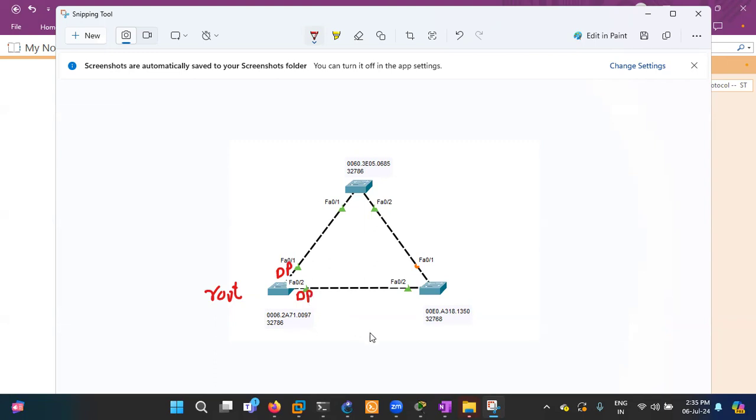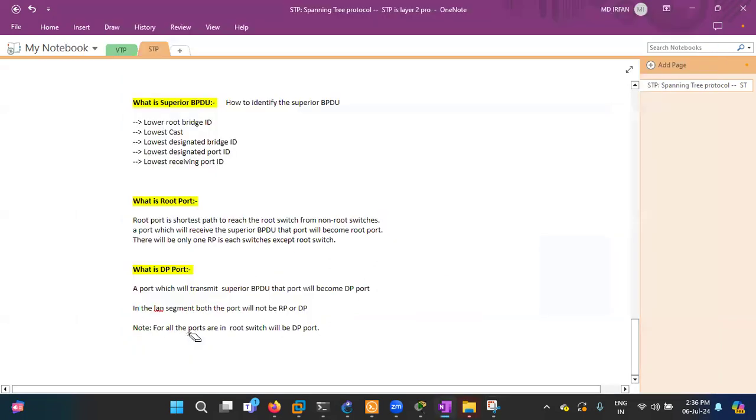As you learned, in the root switch all the ports will be DP ports by default.